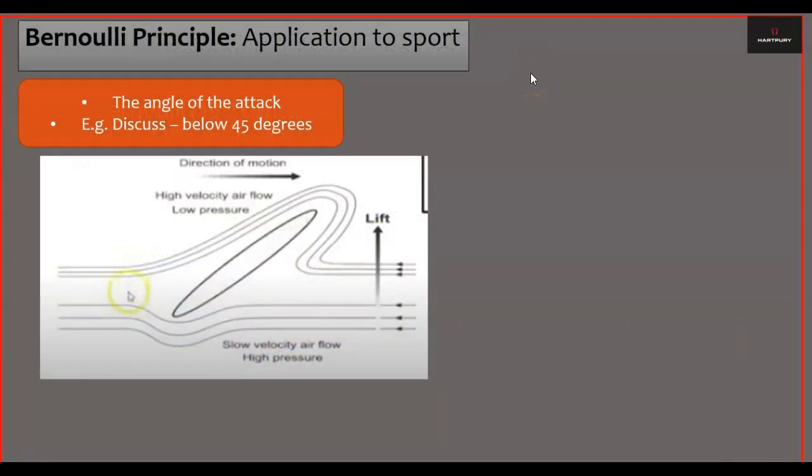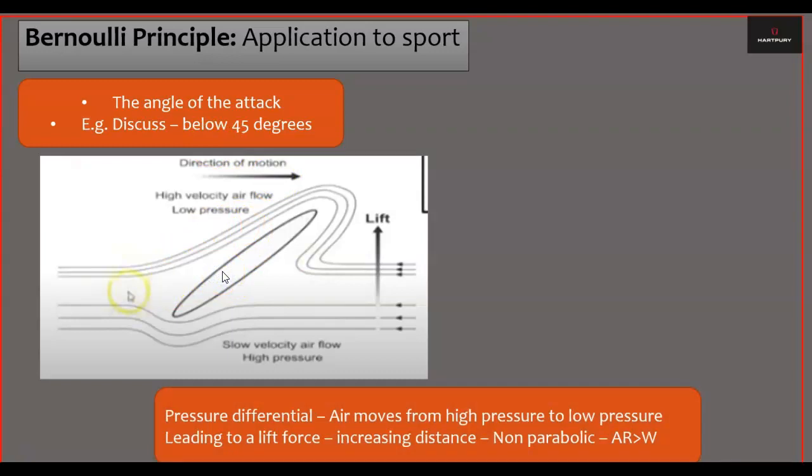So just applying this to sport then, if we think about a discus here, you can see the direction of travel for the discus, and in regards to the angle of attack, we're looking for below 45 degrees. Okay, so angle of attack, how it's attacking the air. So the air moves from high pressure to low pressure, leading to a lift force.